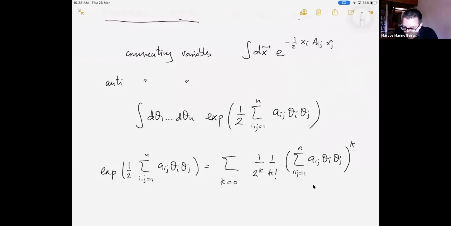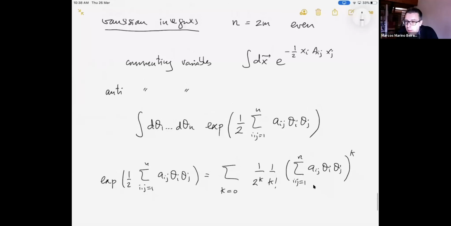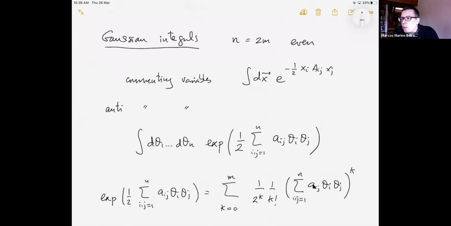So the last term that will contribute here is the term which will have n variables, but n is twice m. So the last term that will contribute here is k equals m. And for k equal to m plus 1, there will be n plus 2 variables, so it's clearly going to be 0.